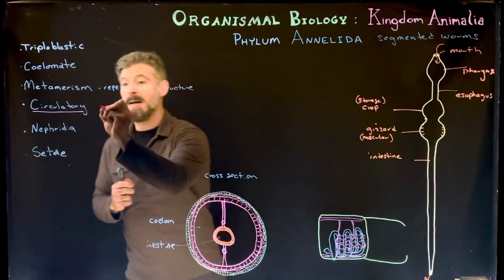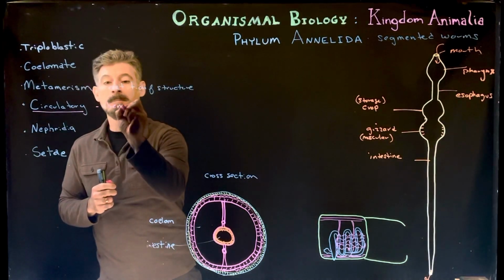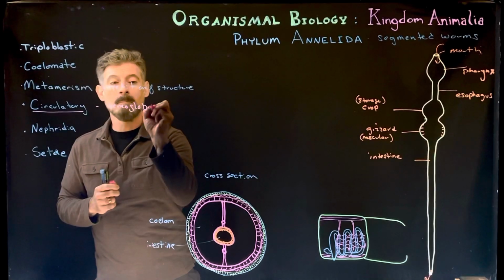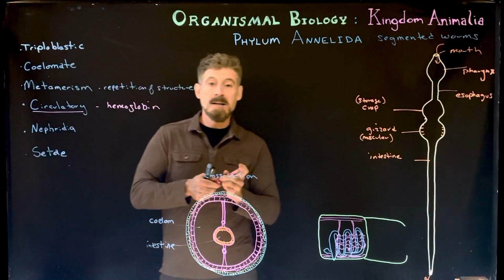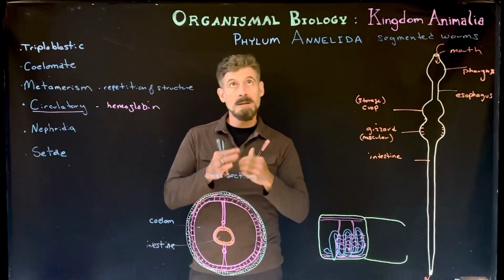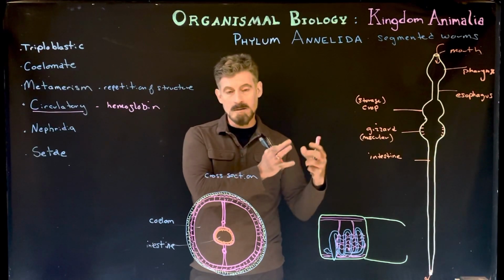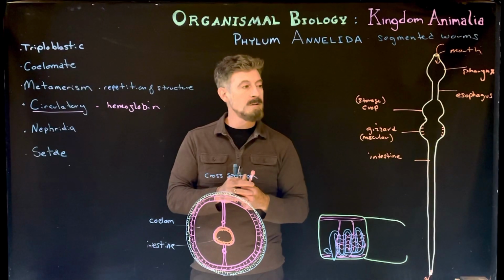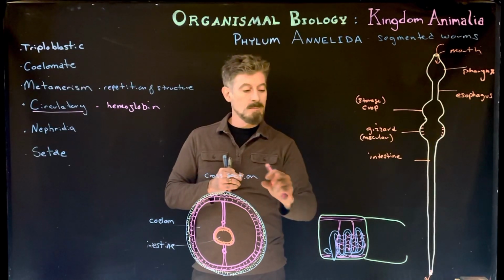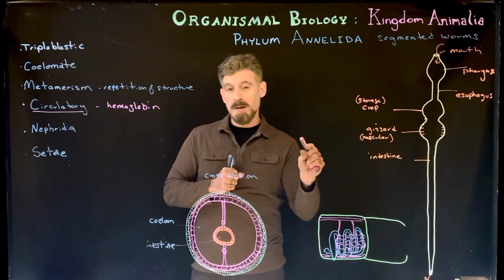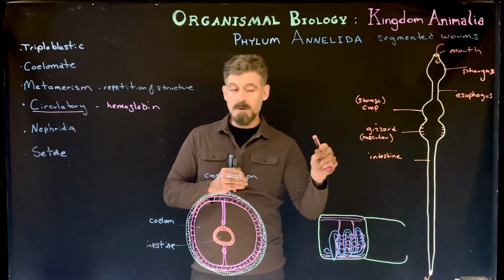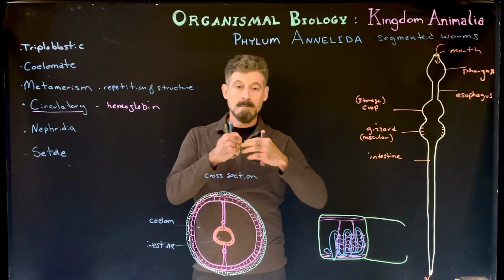So they do have blood with hemoglobin. It is, however, free hemoglobin. Our hemoglobin is in red blood cells, which bind oxygen and carry it through our circulatory system. They have blood vessels with a plasma-type fluid, but the hemoglobin is just free in the blood.